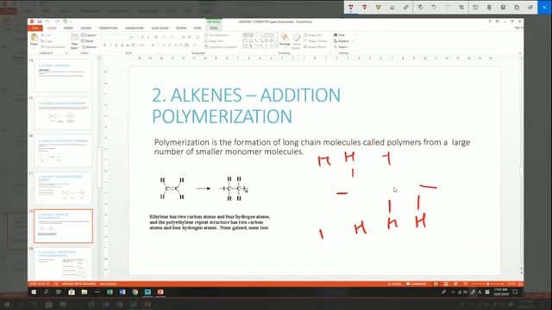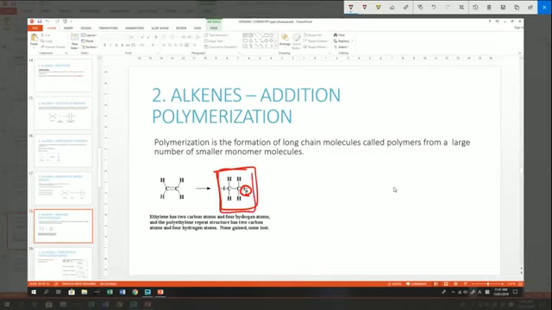And so therefore you would denote that in this sort of format here, where you just put a square bracket around the unit and you put the letter n down below, suggesting that there's multiple units of this single unit in the polymer, which is basically the long chain that is formed from these individual units.